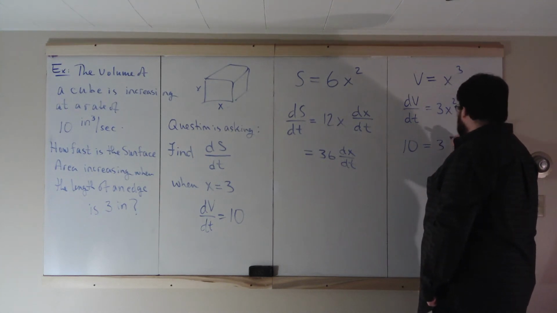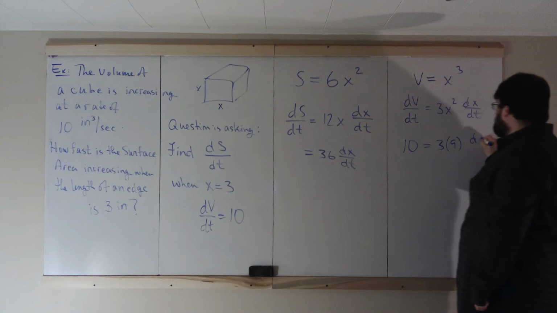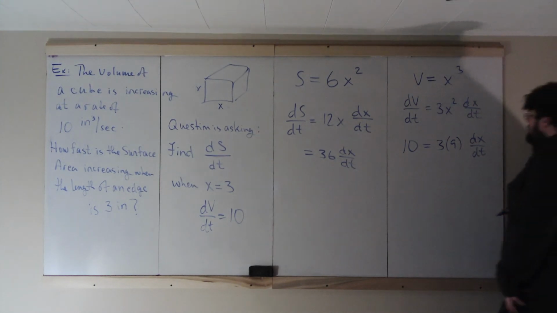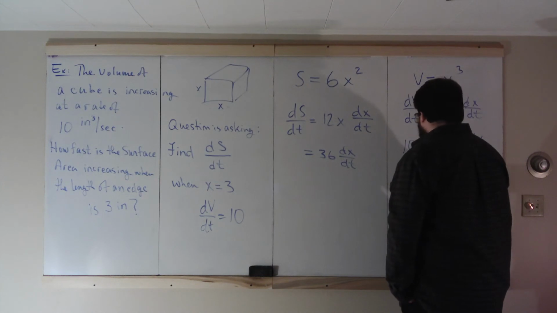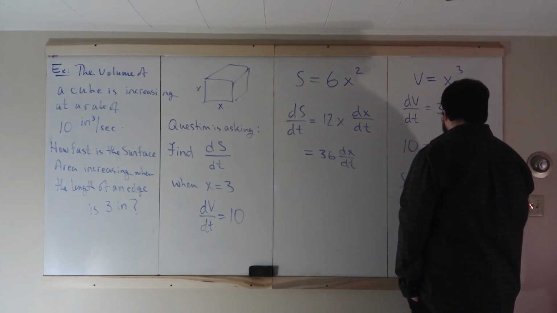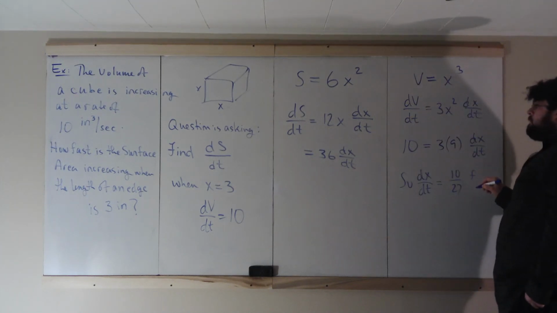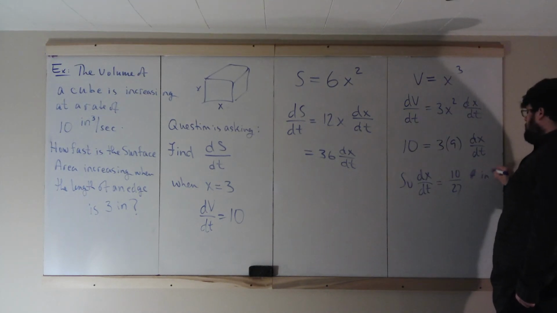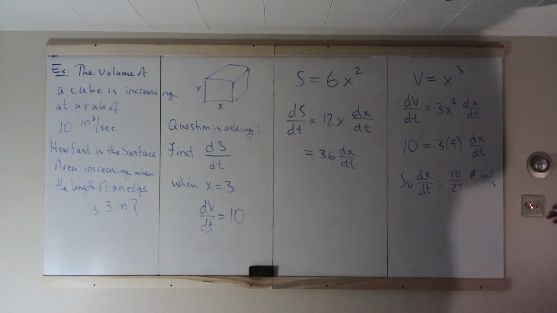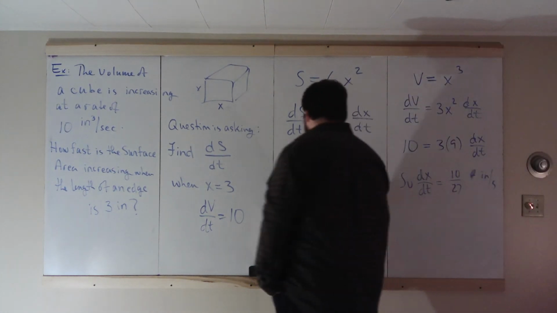What's x? 3. So x squared is 9. So dx/dt is 10/27.